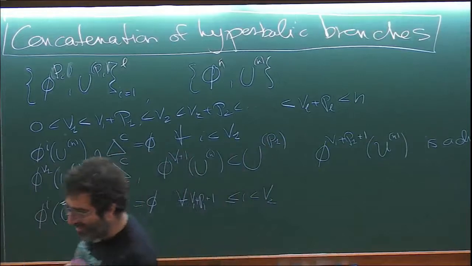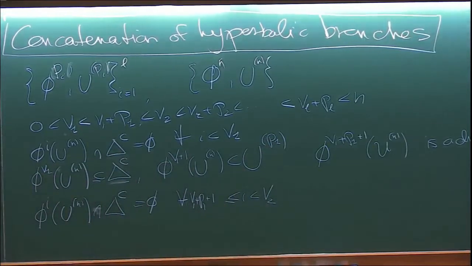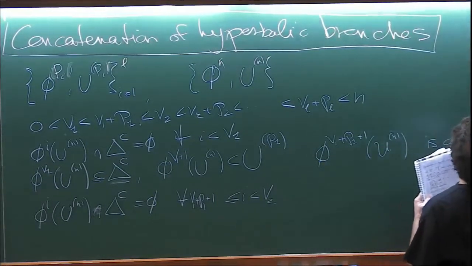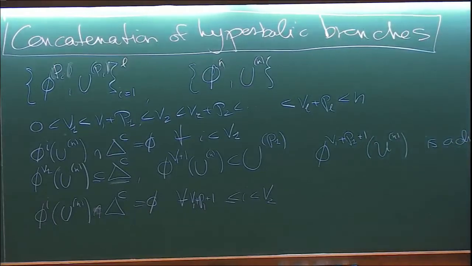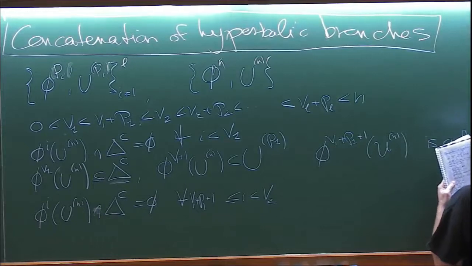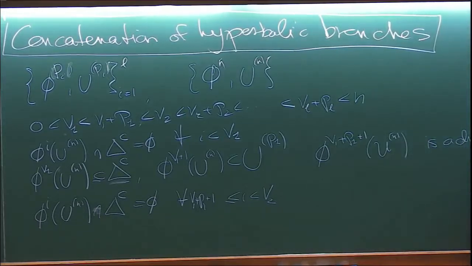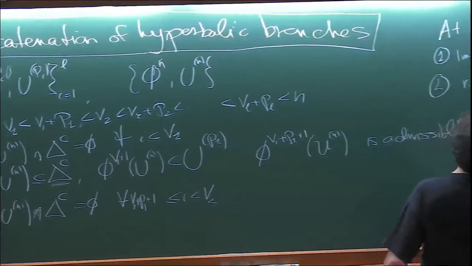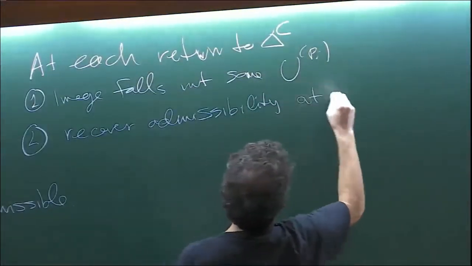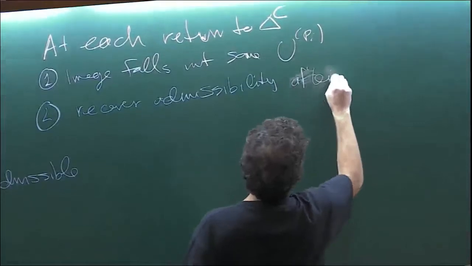So if you get all this, then you're done. So basically we have this situation that at each return to Δ_C, the image falls into some u_pi, and we recover admissibility at the end, after p_i.